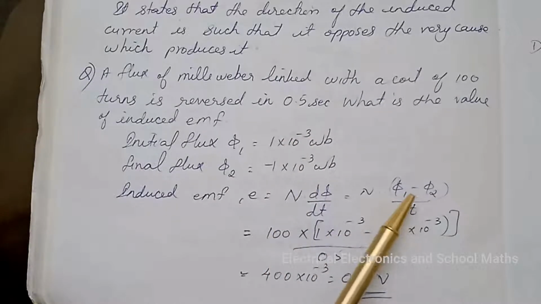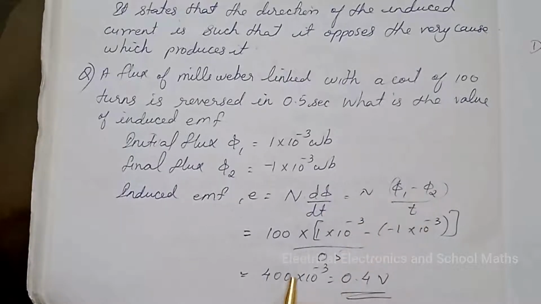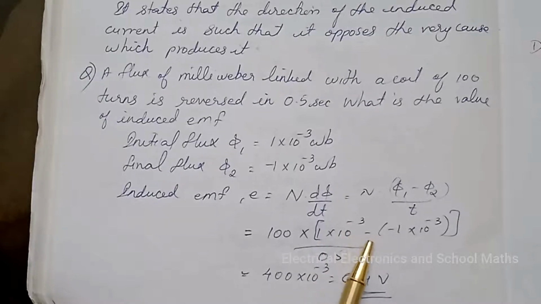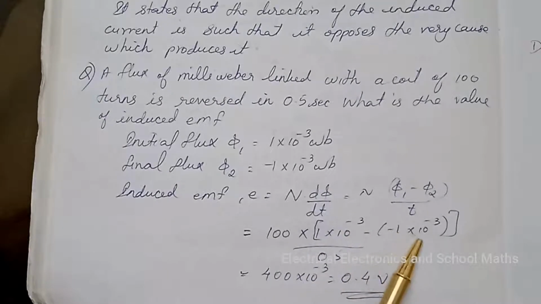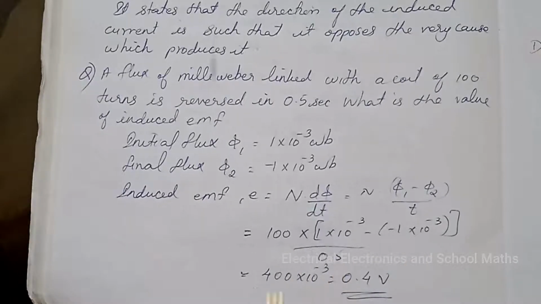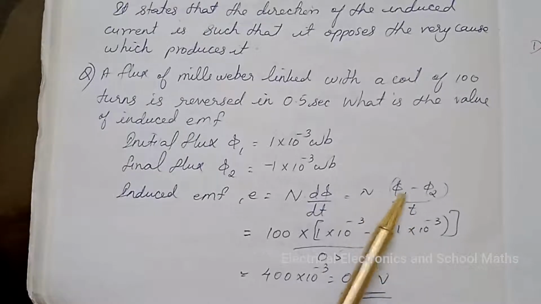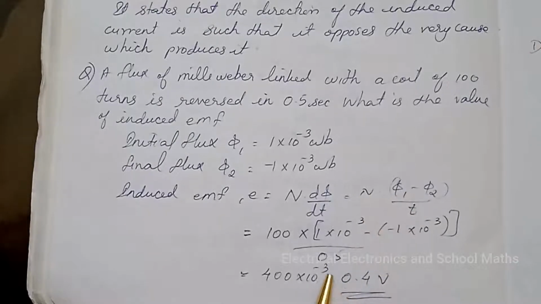Here we can write either Phi1 minus Phi2 or Phi2 minus Phi1. That is 100 into (1 into 10 raised to minus 3 minus (minus 1 into 10 raised to minus 3)) divided by 0.5, and we get 0.4 volt. If we write Phi2 minus Phi1, we get minus 0.4 volt.